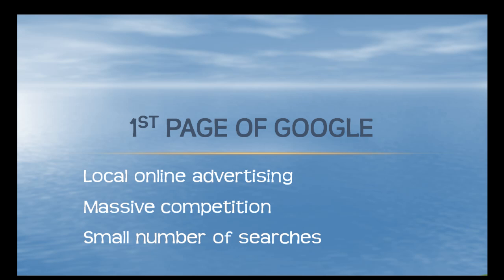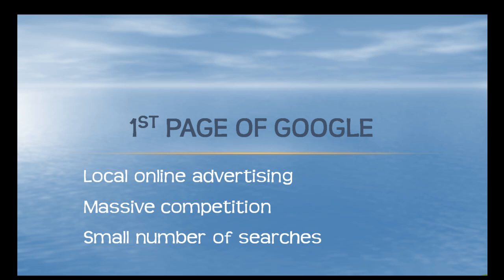Now, if you go to Google and put something like emergency plumber in, plus the name of the city or town where you live, you'll see in those listings a huge number of different plumbing companies all competing for those same search terms. And the second problem is that there's only a small number of searches.